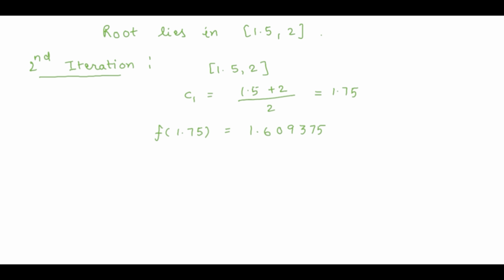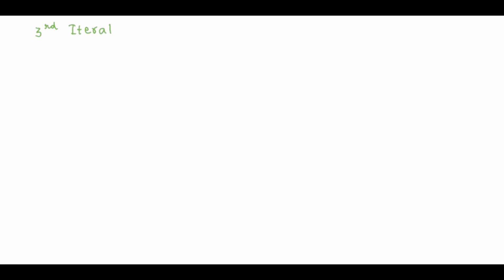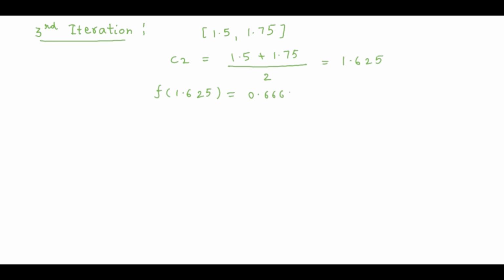And since the function value at 1.5 is less than 0 and at 1.75 is greater than 0, the new interval becomes [1.5, 1.75]. Similarly, in the third iteration, we get the midpoint as 1.625 and the function value becomes 0.666016, which is positive, and hence you get the new interval as [1.5, 1.625].